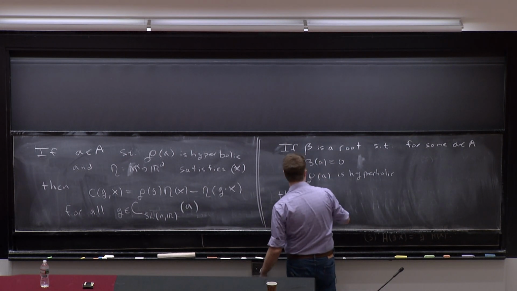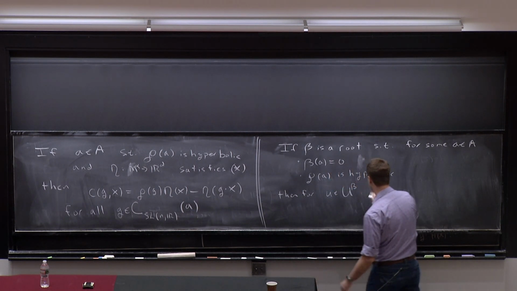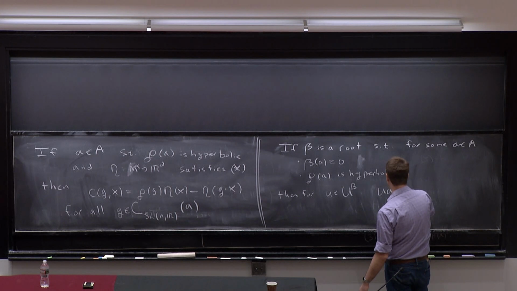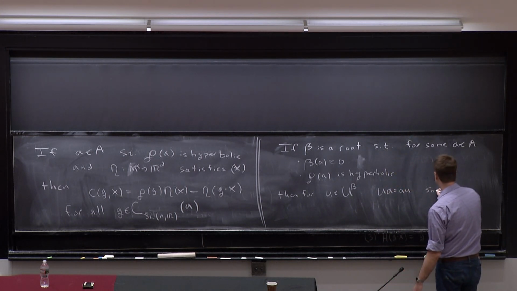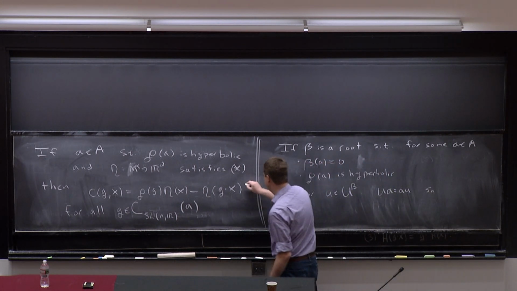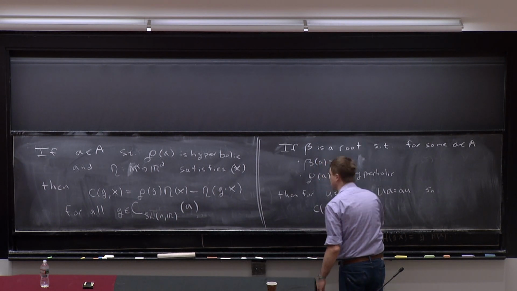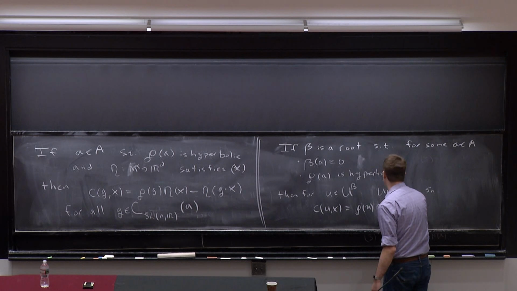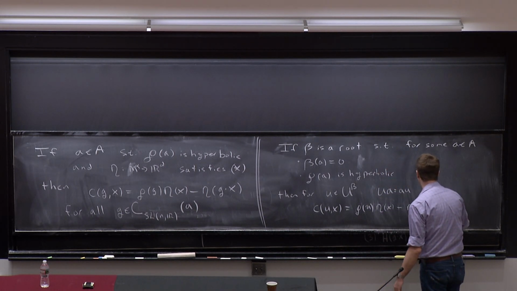then for U in the corresponding root group, what does it mean for beta of A to be 0? It means that UA is equal to AU. It means that they commute. So I'll write this equation again: C of Ux is equal to rho of U eta of x minus eta of U x.